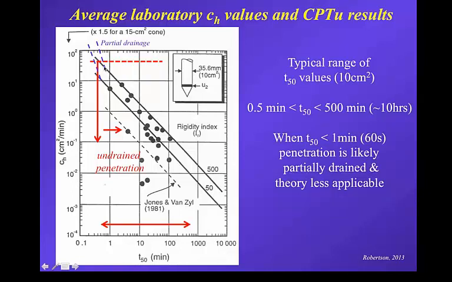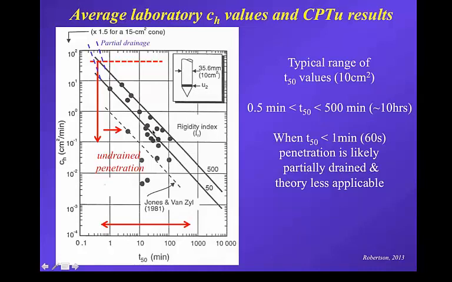I said Schneider, it should be De Jong and Randolph's relationship. You can see that the Teh and Houlsby lines start to go essentially vertical here. So you can see all of the data that we collect from the field was well in the undrained region. When you look at the range of T50s, typically it's from roughly a minute to about 500 or 600 minutes. Now remember, 600 minutes is roughly 10 hours.